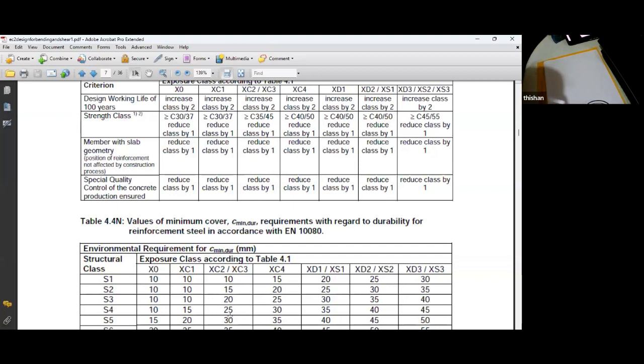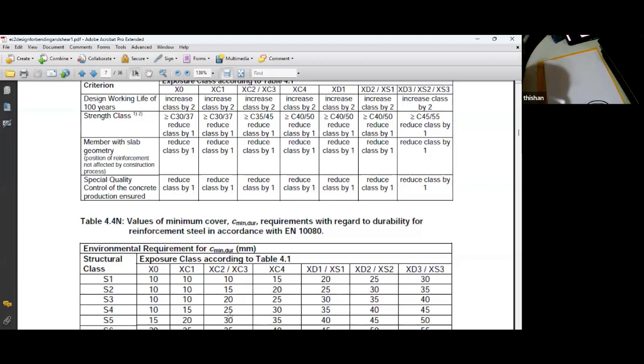And the usual rule that we use is, for slabs, if you want, you can use 20 millimeter cover. For beams, 25 millimeter cover. For columns, 30 millimeter cover minimum. So many engineers use values like 25 millimeters for the slabs, 30 millimeters for the beams, 40 millimeters for the columns. So that was the rule in BS. But you can see in Eurocodes, it is 35 millimeters for all.